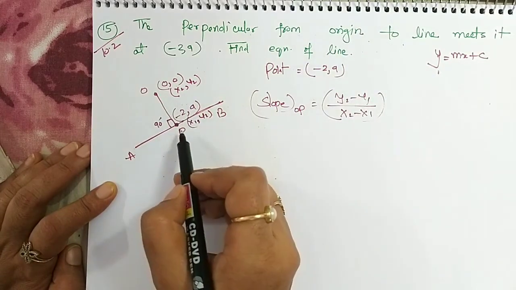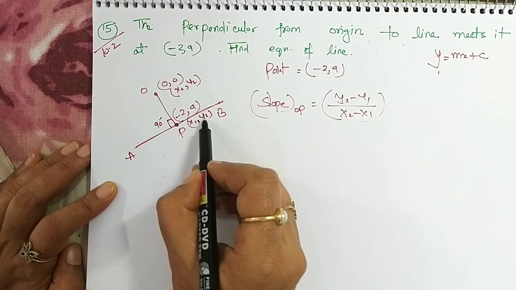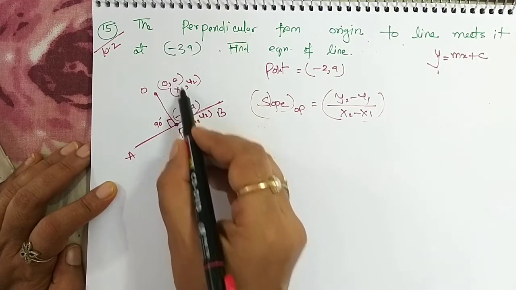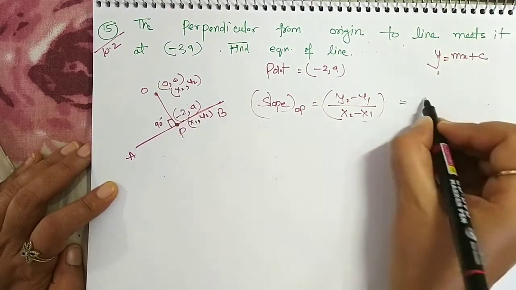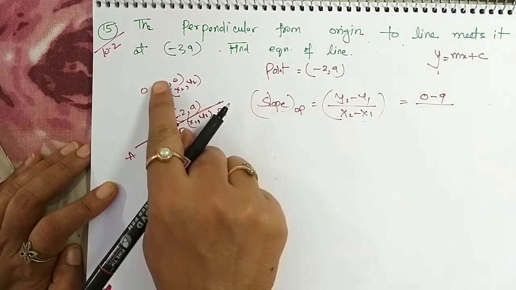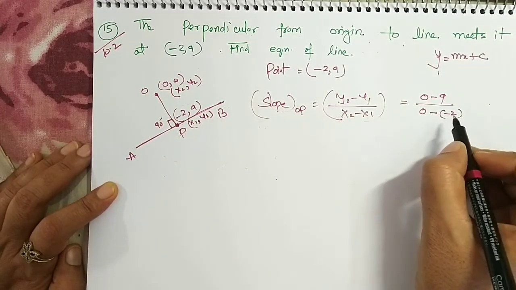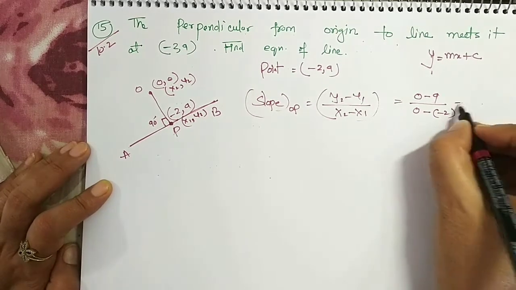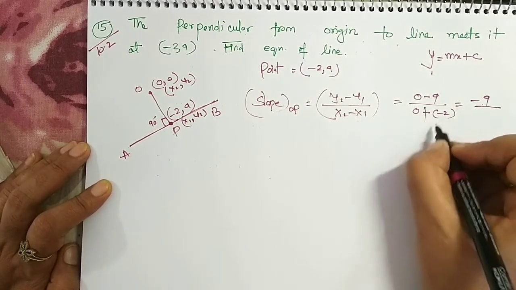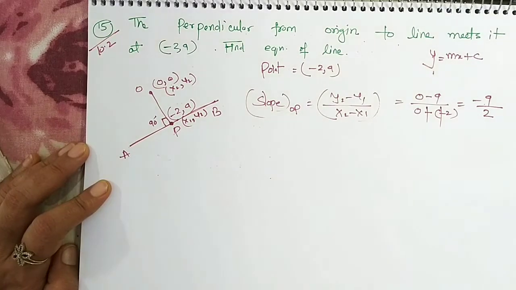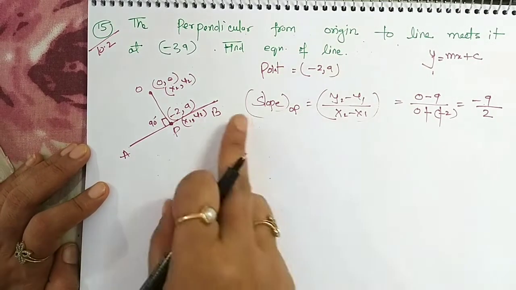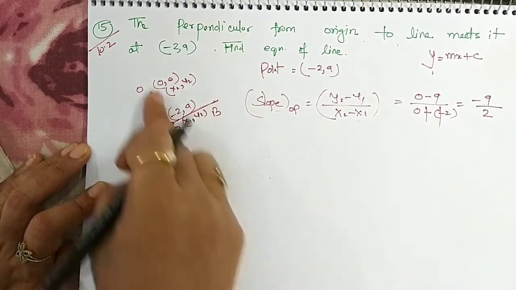We can interchange the points. So y2 minus y1. So y2 is 0. So it will be 0 minus 9. x2 minus x1 is 0 minus of minus 2. Which comes out to be minus 9 by, this will become plus, minus 9 by 2. So this is my slope of this line OP.